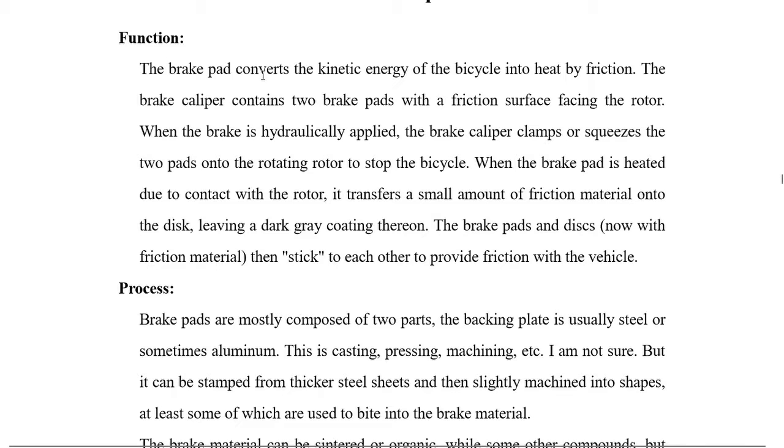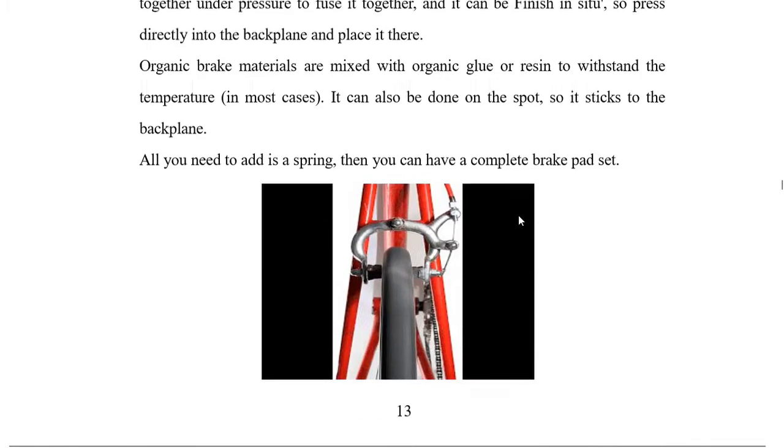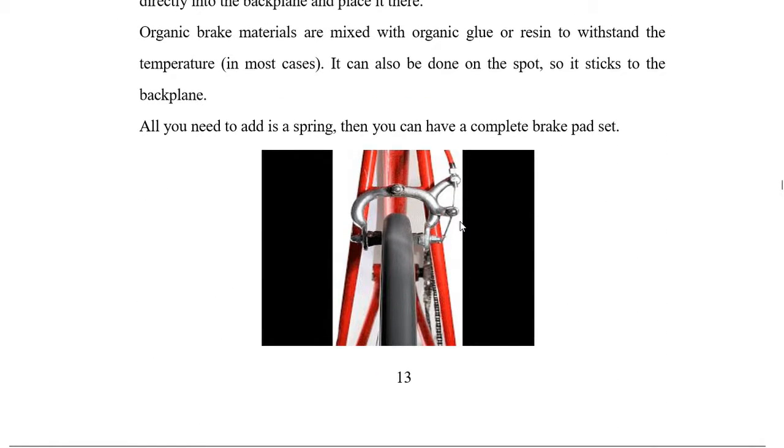The brake pad converts the kinetic energy of the bicycle into heat by friction, and the brake caliper contains two brake parts with a friction surface fitting the rotor. Okay, let's look at this picture. The brake parts include two parts, this and this.